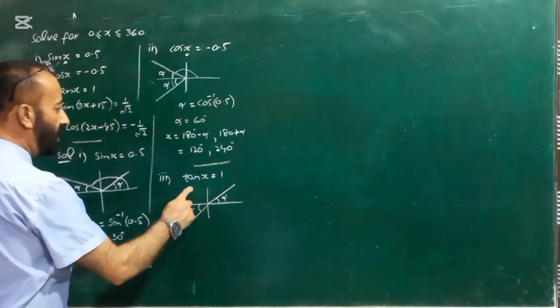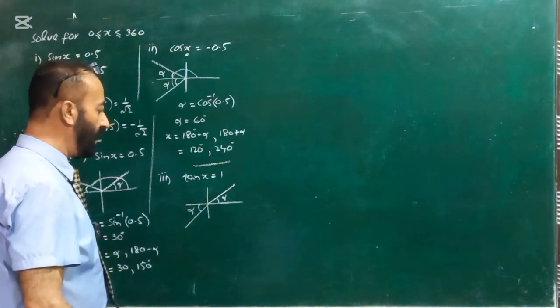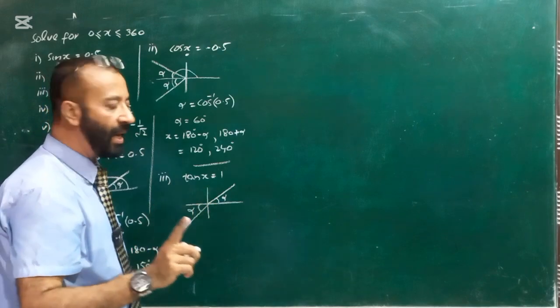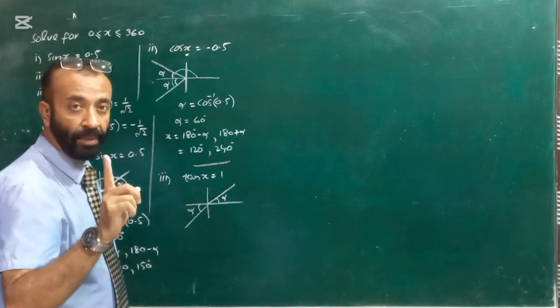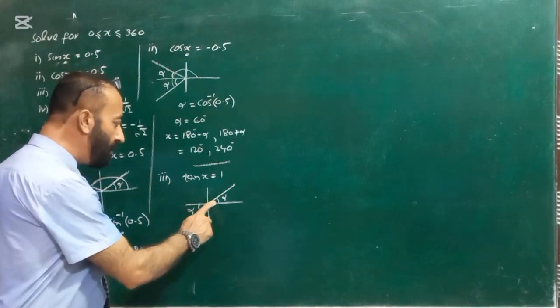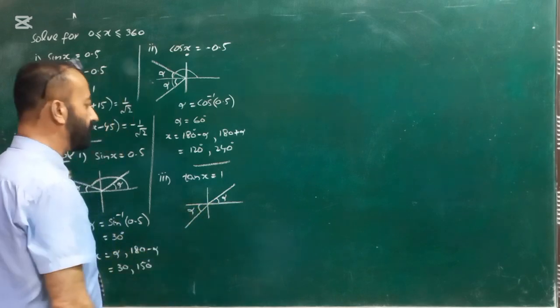So these are the quadrants in which tan is positive. And listen, one thing that you should remember, alpha will always be the angle between the x-axis and the line. Do not make the angle between the y-axis and the line. Alpha will always be between the x-axis and the line.